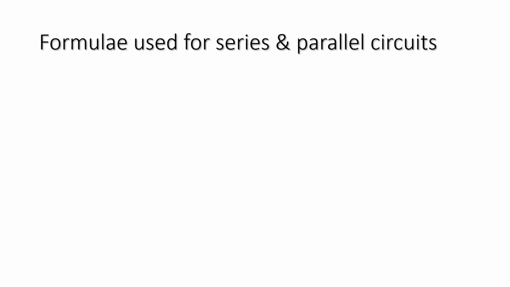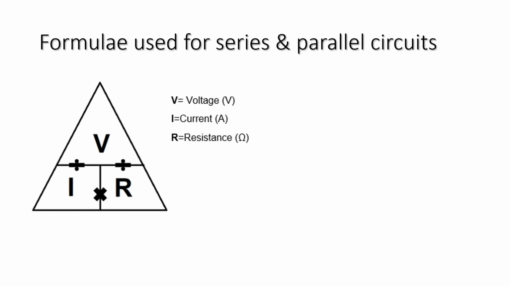Now we have a look at our triangle formulas, which we are able to use for both series and parallel circuits. Our first triangle is our VIR triangle. V represents voltage, and we measure it in volts. I represents current, and we measure it in ampere. And R represents resistance, and we measure it in ohms. The way in which we use the triangle, the letters on top of each other will be divided, and next to each other will be multiplied.